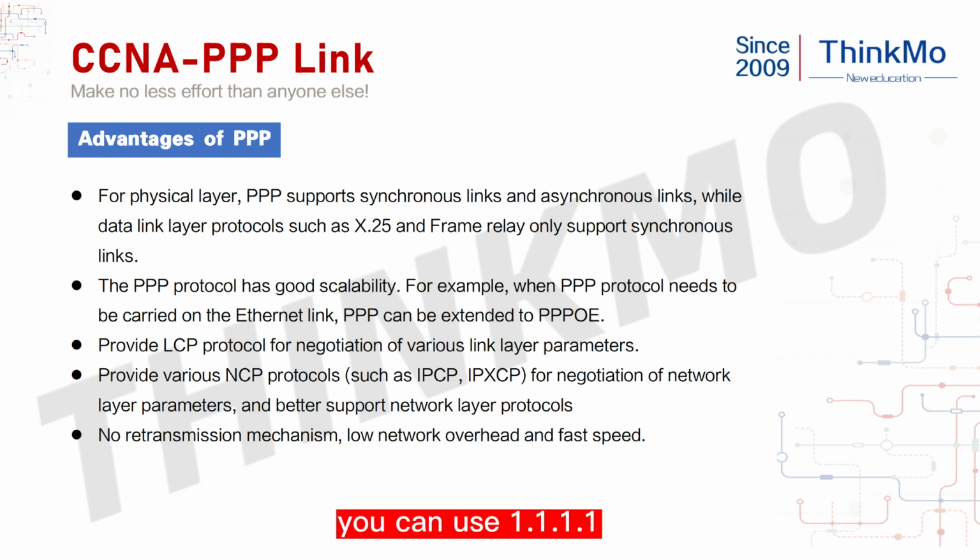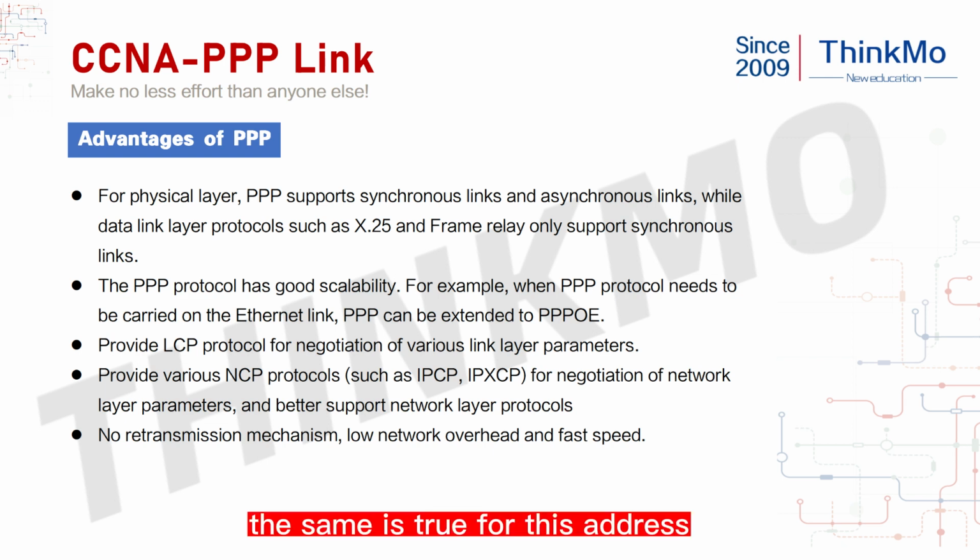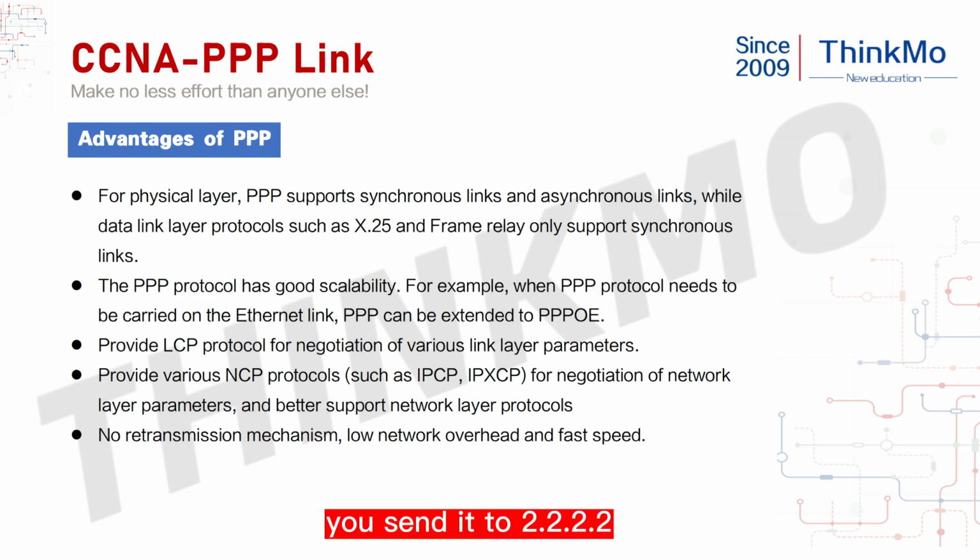You can use 1.1.1.1 for 2.2.2.2. The same is true for this address. You send it to 2.2.2.2. I'll have a look at it when I get it. Mine is 1.1.1.1. You're using 2.2.2.2. So that's okay. And then the negotiation is done.